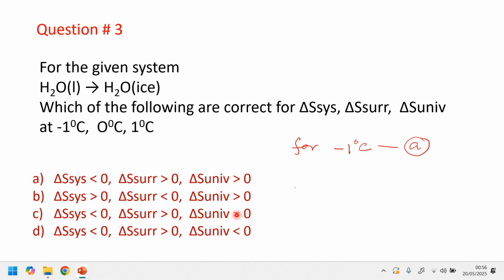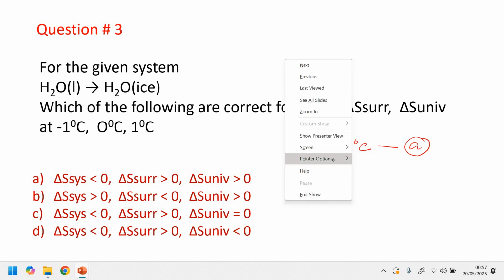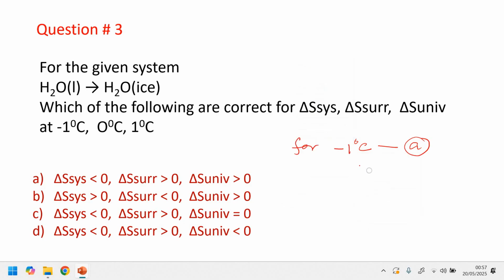So overall entropy change of the universe is 0. So for 0 degree centigrade, where liquid and solid phase are in equilibrium, that means it is a reversible process. In that case, the answer will be C, because total entropy will be 0. So for 0 degree centigrade, your answer is C.